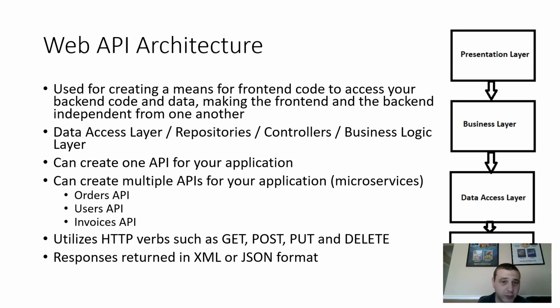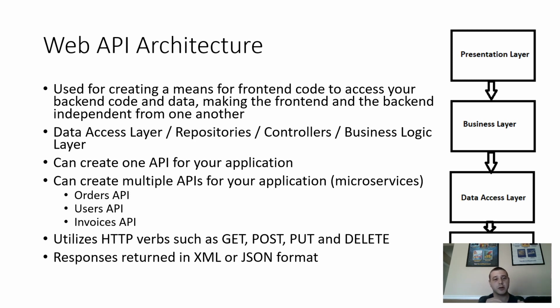And so when it comes time to deploy, you just deploy one project, and then all these presentation layers, the front-end code, just hit one server for this interaction. So that's doing it in one API for your application. Or you can create multiple APIs like I mentioned, which are called microservices.